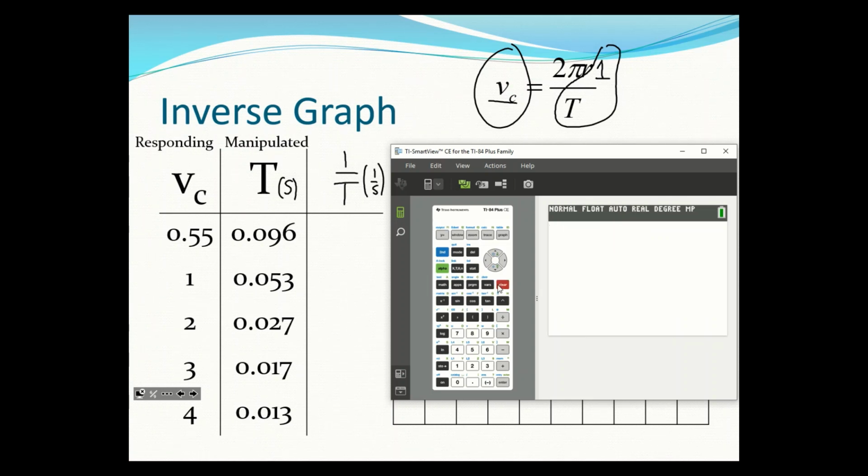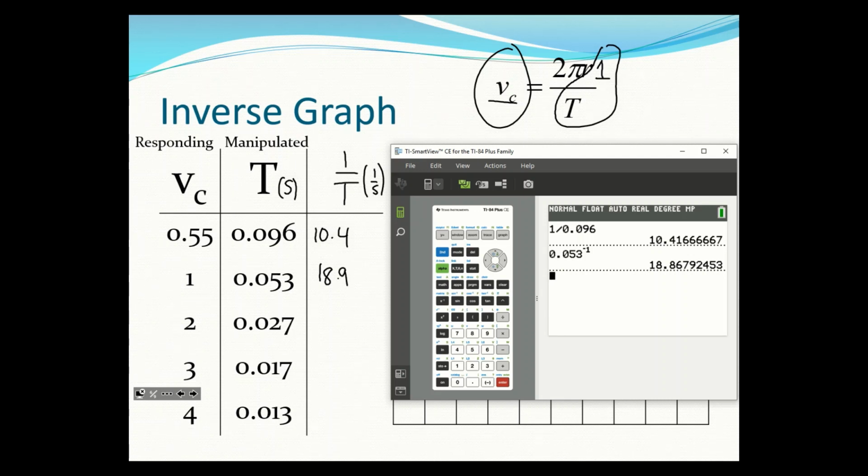So I'm going to go 0.096, or I can go 1 over 0.096, and I get my answer to be 10.4. So I can write 10.4 on there. And a quicker way of doing that is instead of 1 overing it, if you go 0.053 and then you type this button right here, x to the negative 1, it inverses it as well. So I end up getting 18.9.